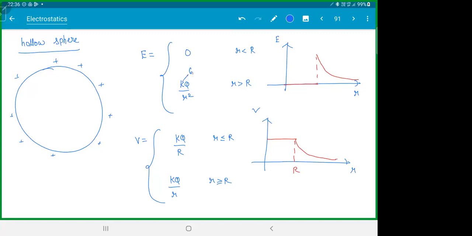In gravitation, K becomes G, Q becomes M with a minus sign because gravitation is always attractive. The formulas are exactly the same. Put it up.